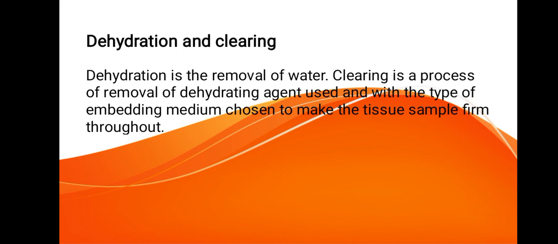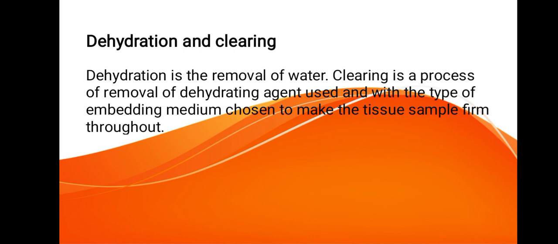As with the dehydrating agents, we have a number of clearing agents, and the selection of which is dependent largely on the embedding medium chosen. For instance, xylene is routinely used for clearing tissues, and the alcohol permeated block is passed through several changes of this solvent to replace alcohol with xylene.